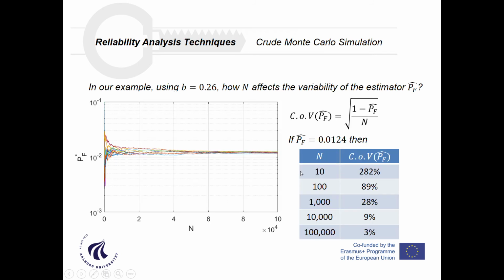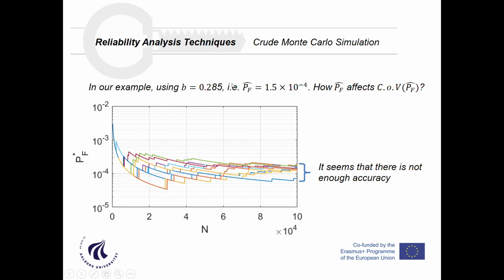Before, we had a pretty accurate value for 100,000 samples. Now, when the failure probability is lower, because we are increasing this value, it seems that there is not enough accuracy in our estimation.